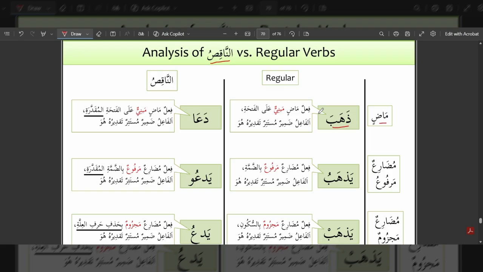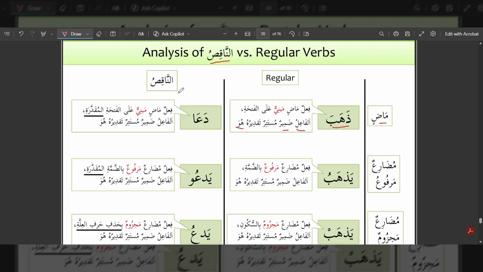It doesn't change. And the fa'il, that is the doer of this verb, is damir mustatir taqdiruhu huwa. That means it's an attached pronoun and it is hidden, and it is in the form of he, because the meaning of this verb is he went.